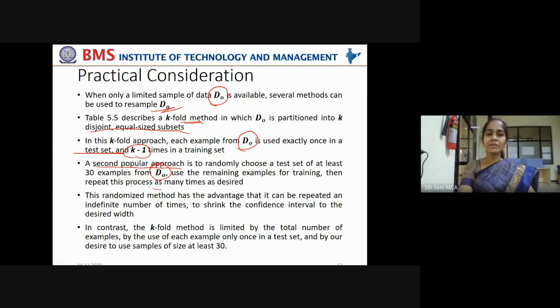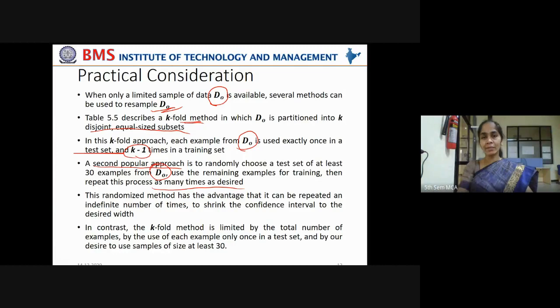Then repeat this process as many times as desired. Not only 10 times, not only 20 times. You may repeat it as many times as you want, based on the time available for training. What is the difference here? In k-fold cross-validation, you divide the data into k partitions, each partition having at least 30 data points. There is a limitation in the number of times you perform that experiment.